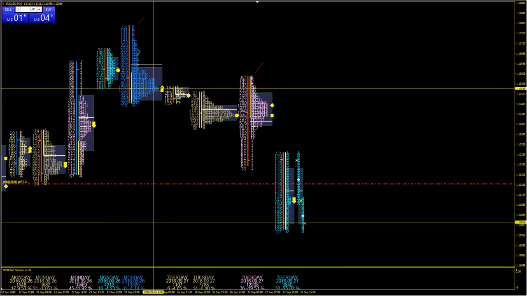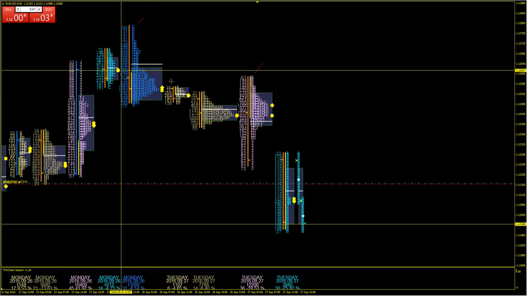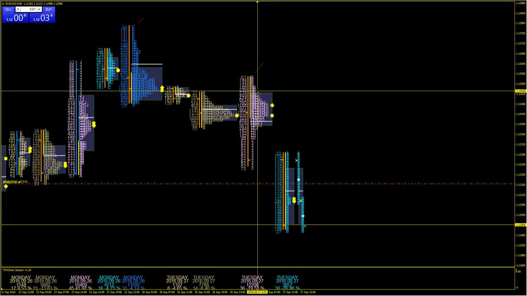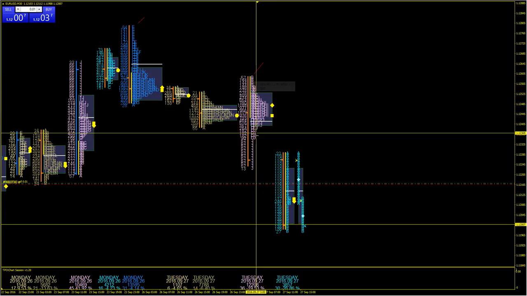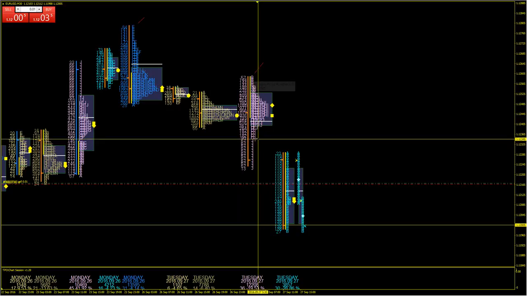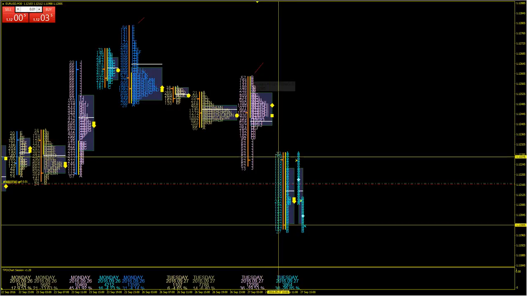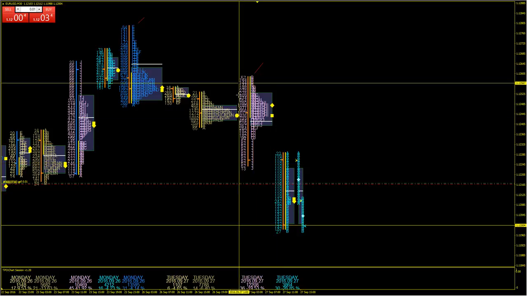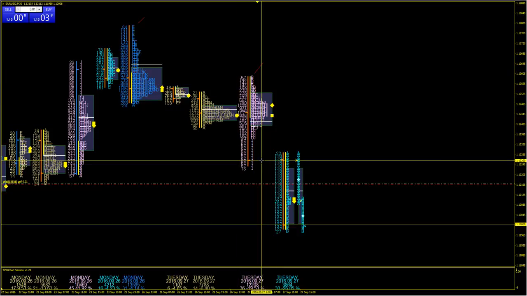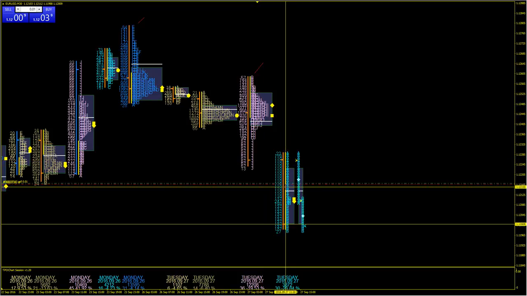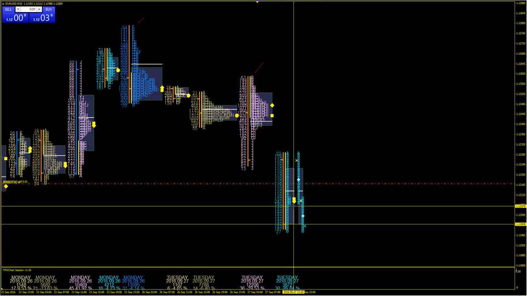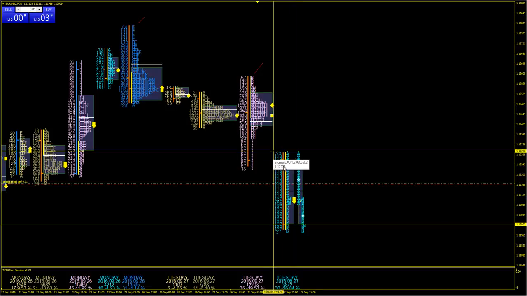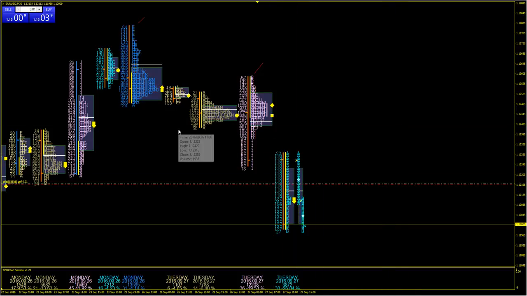You see this point of control from pit session, point of control from US session. Look at the B period on the Europe session today, the rejection, the selling tail here, and then 30 minutes before the US session started, a lot of single prints there, and it finished lower. Then the US confirmed that with another strong selling, supply came in, so it is very, very good, in my opinion.